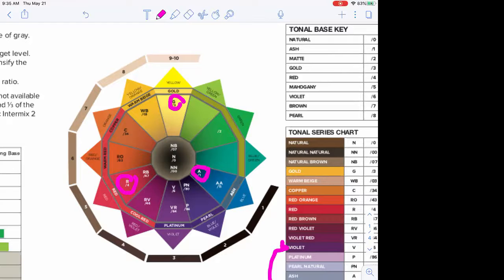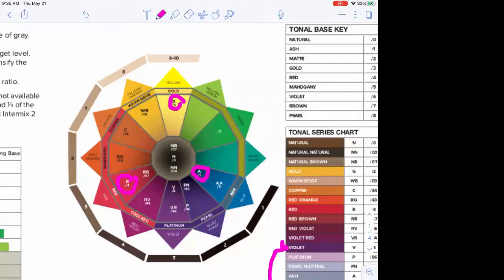So you could create a neutral by mixing gold, red, and ash together. You could create a red violet by mixing 2 parts red and 1 part ash. You could create a violet, equal parts red and ash. You can create a copper with red and gold.